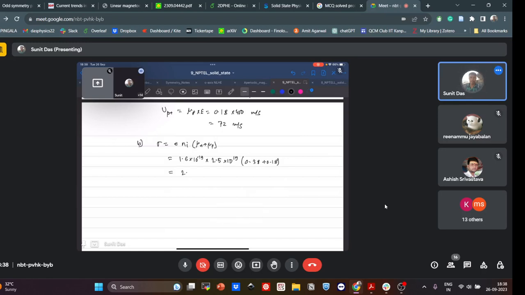So this will be 2.24 again, Siemens per meter.